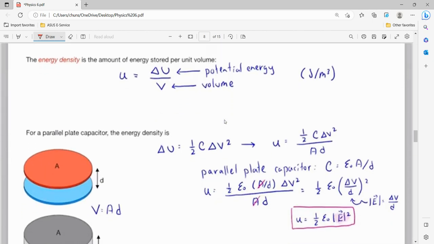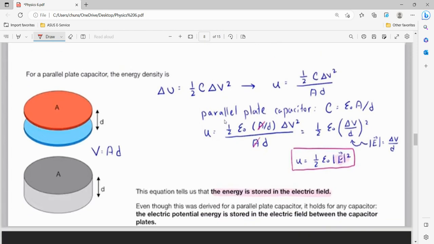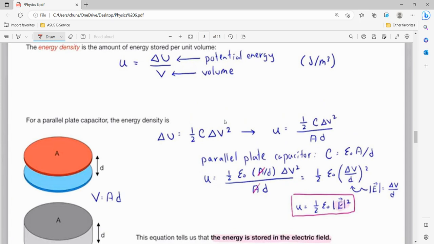Okay, so talking about some unique geometries for these different applications. The energy density for a capacitor that has volume would be our potential energy over its volume, and that is in joules per meter cubed.